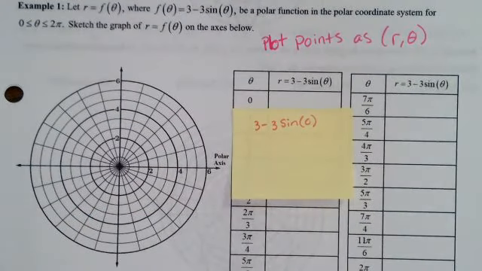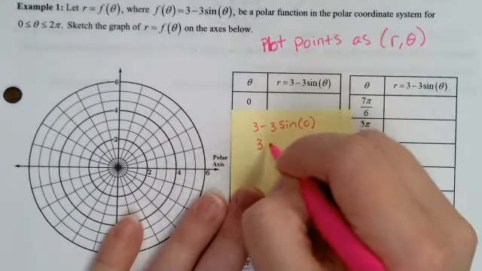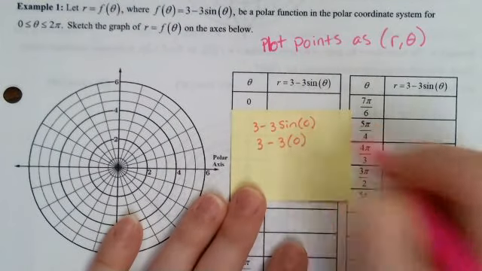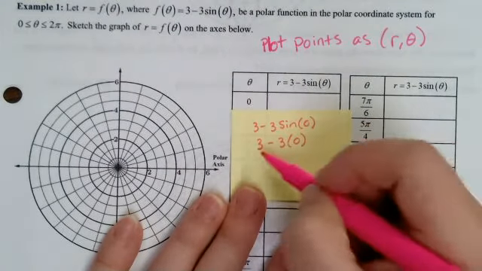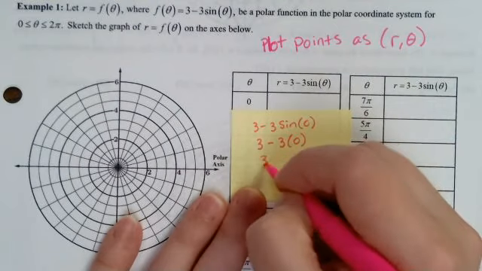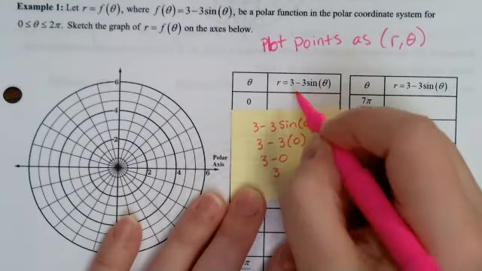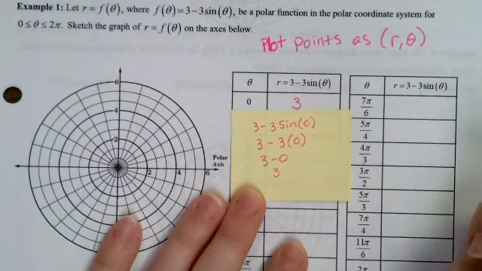We have to imagine on the unit circle at 0, what is the y value? The y value is 0 there, so sine of 0 is 0. This would be 3 minus 3 times 0. 3 minus 0 is just 3. So when I plug in a 0, we get 3.